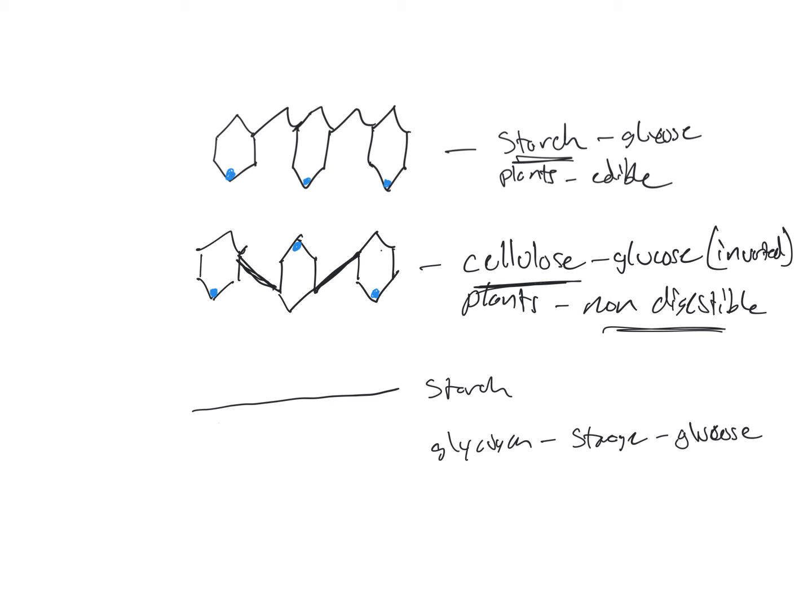And it stores it on a long chain, but there's all these branches that come off of it. And so it kind of allows it to store more because of that structure. But you would have to imagine all along here are these rings that I've drawn, like I've drawn up here.